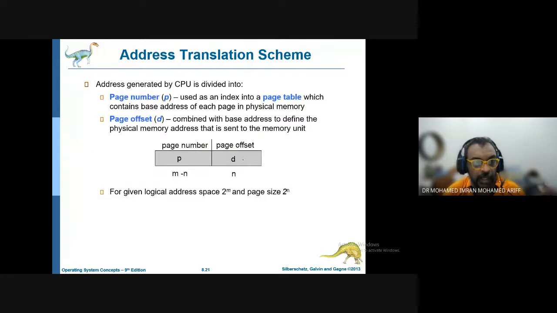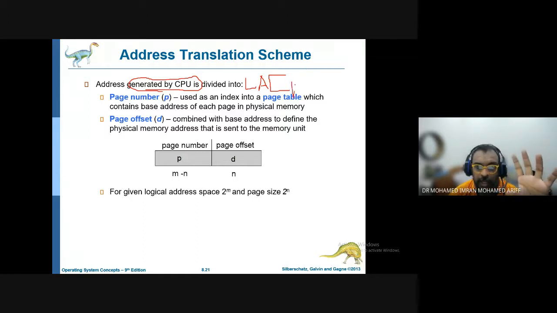All right, and then we have the offset value. What's that? Offset value generated by the CPU. So the CPU will come up with, as we mentioned just now, a logical address. So what is inside the logical address? Logical address ada two information.